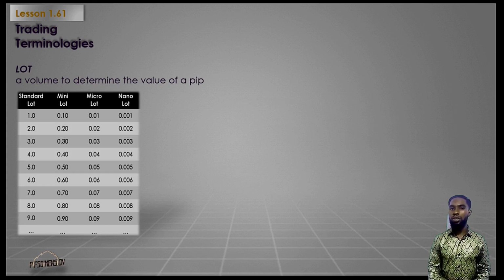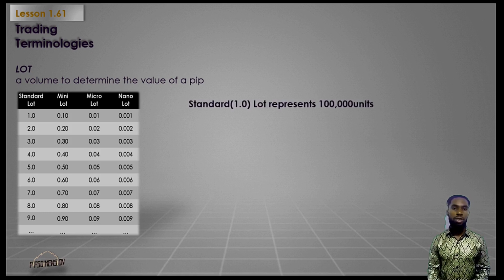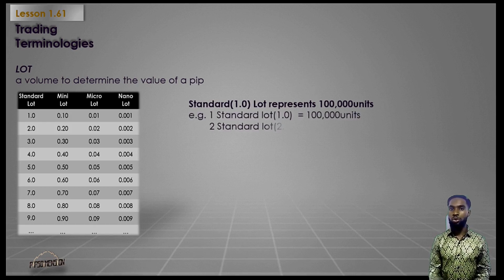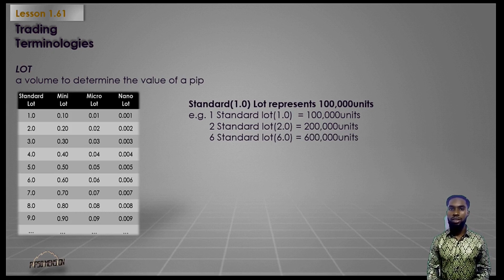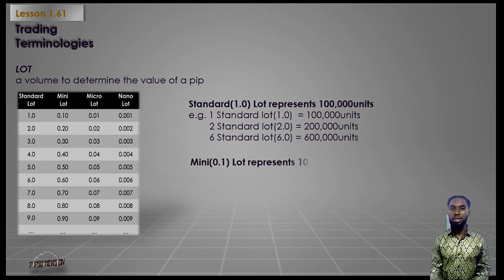A standard lot represents 100,000 units. So for example, one standard lot represents 100,000 units. Two standard lots represent 200,000 units. 6 standard lots represent 600,000 units. A mini lot represents 10,000 units.